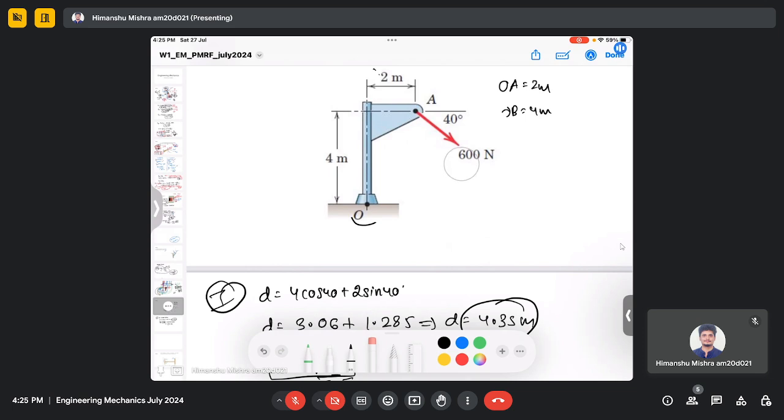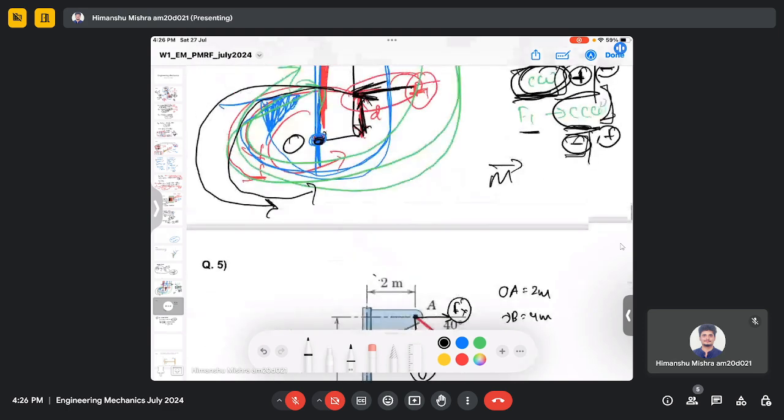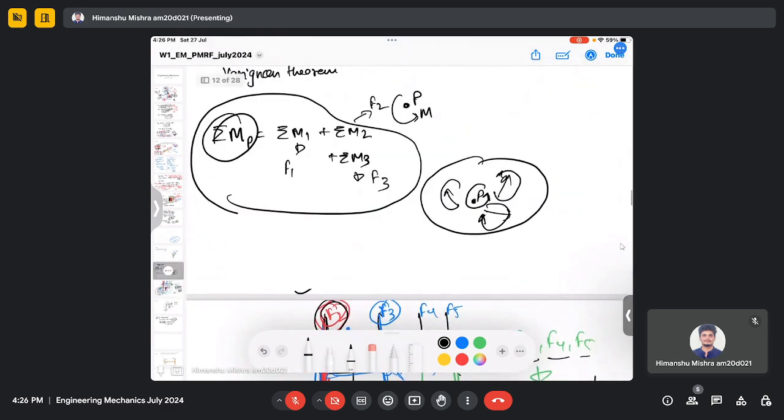you are given the force 600 Newton in some direction. You just calculate the components of this force, Fx and Fy. When you calculate the components of force, you have to check if there is a moment due to force Fx and Fy. And if there is, then you can use Varignon's theorem that we have seen above.